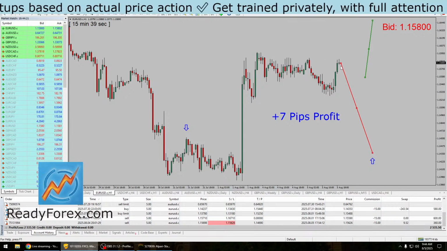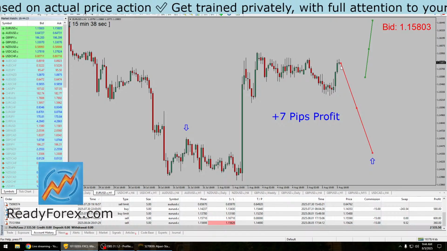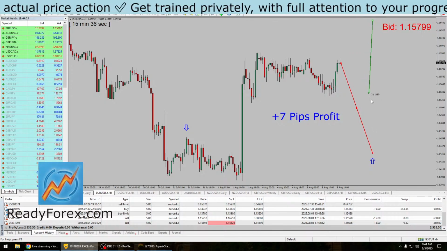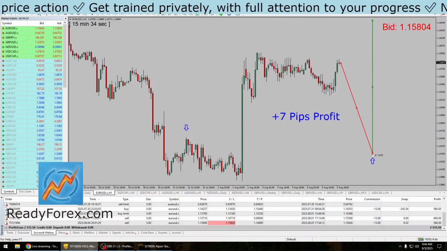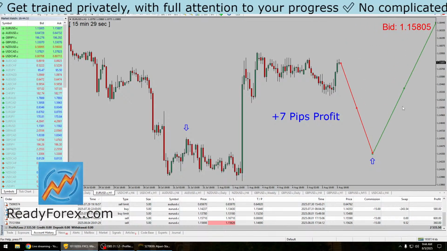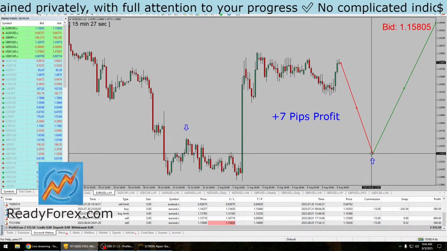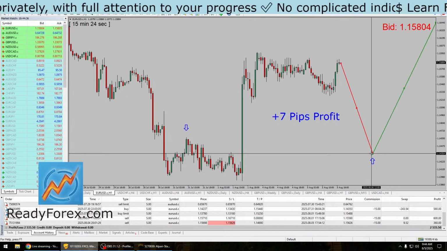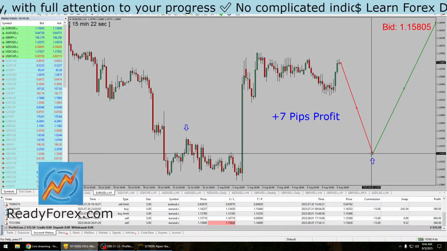Now this does not mean that you take a sell. All it means is that if the market is going to provide you a deeper, bearish pullback, then we can consider looking for a potential buy trade setup over here if we do get that kind of a trade setup.